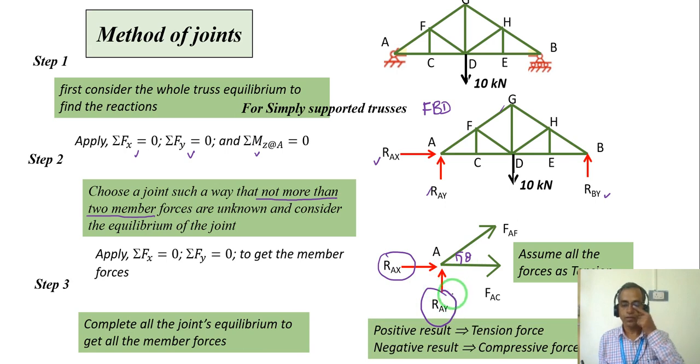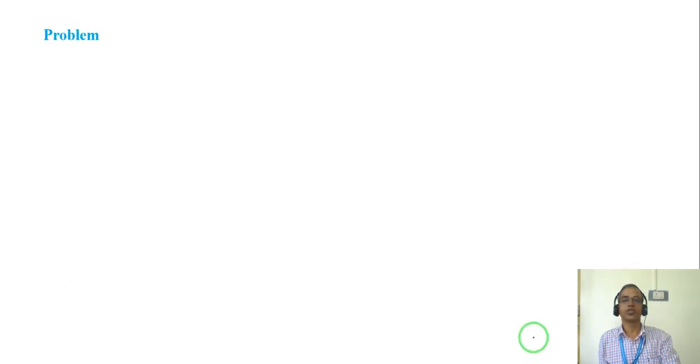If you get a positive result, that means your assumption of tension is true, so immediately write the member force with T in brackets. Suppose your result is negative, that means your member is compressive. Right? So this is the method of joints.